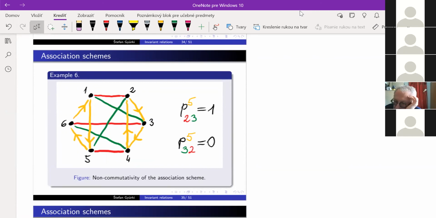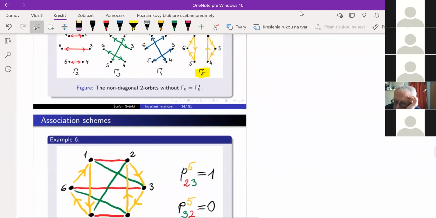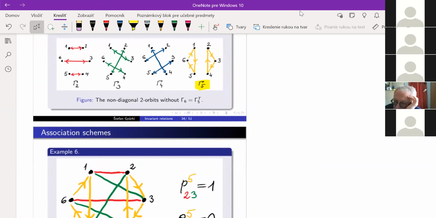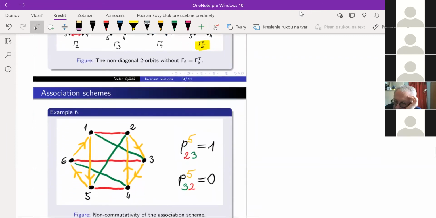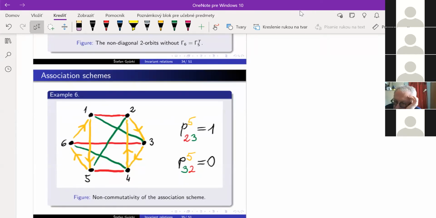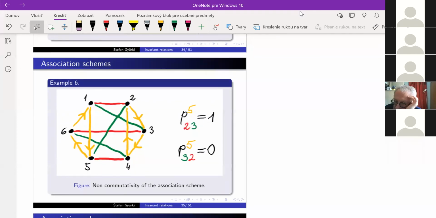If I consider just colors 2, 3, and 5, that is colors red, green, and yellow on the previous picture, and just consider one picture, then I can check that the structure constant P235 is equal to 1, because if I select, for example, the yellow dart 6, 1, then I would like to count the number of triangles or two walks going from 6 to 1, which have the first dart in red color and the second dart in green color.